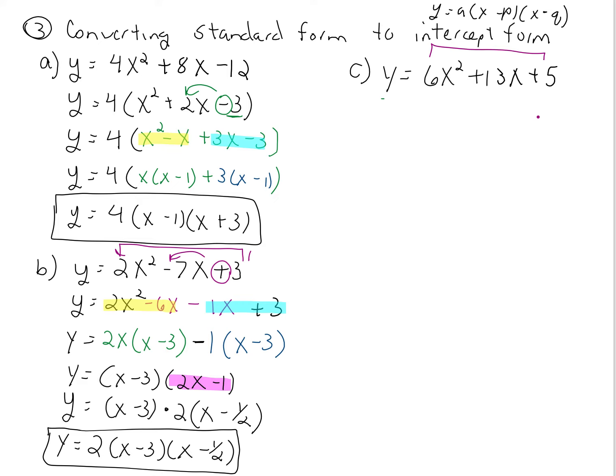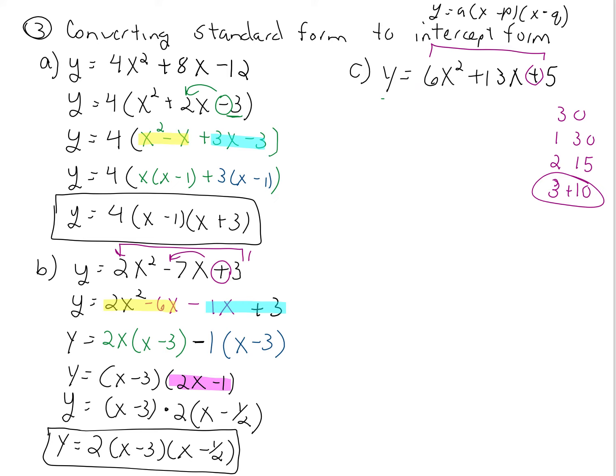Multiply these together. So 5 times 6 is factors of 30. That's 1 and 30, 2 and 15. Oh, there we go. 3 and 10. And those are the ones that add to equal 13, because 3 plus 10 gives me 13.